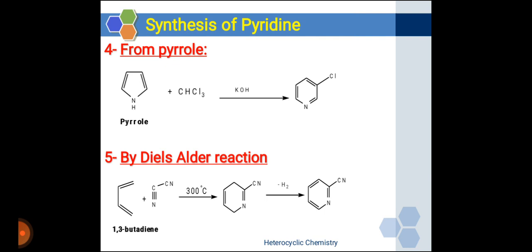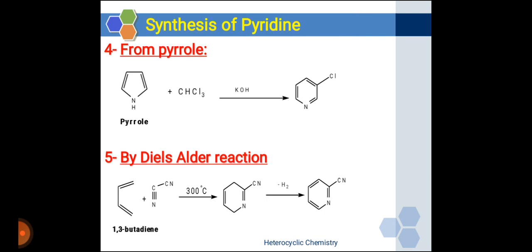Then by Diels-Alder reaction. The Diels-Alder reaction involves 1,3-butadiene reacting with a dicyanide molecule, here a molecule with two CN groups, in presence of 300 degrees Celsius to form the 2-cyanopyridine-like structure.